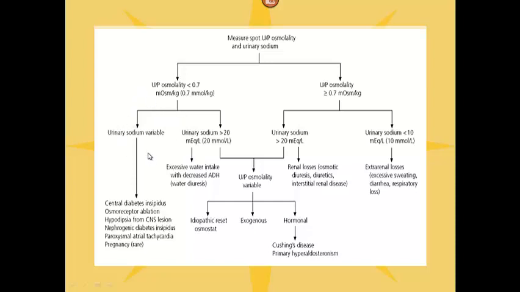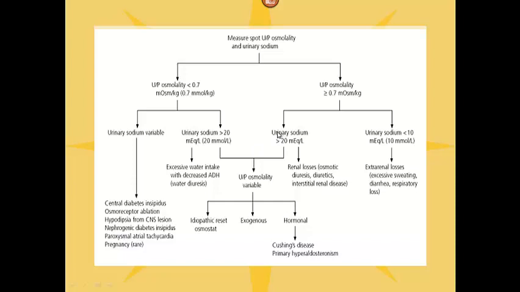On the contrary, if the sodium is variable or the specific gravity is low and the urine osmolality is low as well, most likely the patient has diabetes insipidus, either nephrogenic or central.